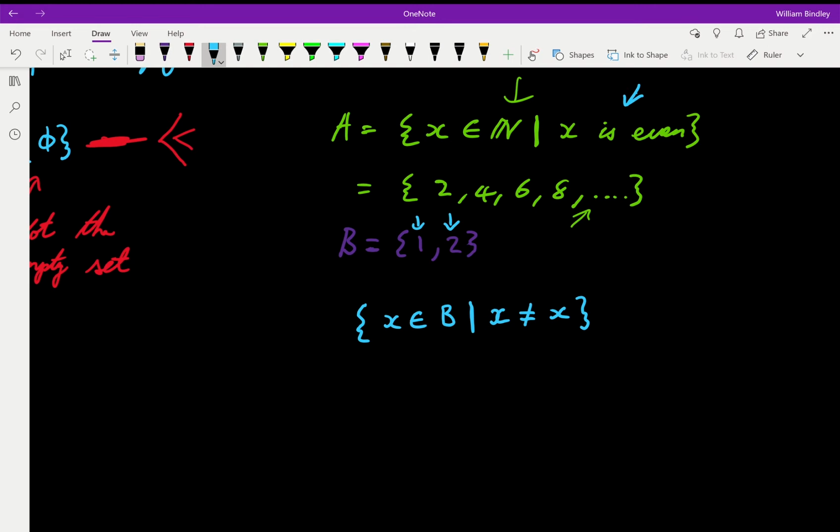And in fact, no matter what x equaled, and no matter what prior set that we pulled the x out of to make this new set, x would always be equal to itself because everything is identical to itself. You are identical to yourself. So nothing satisfies the property x not equal to x, so therefore nothing makes it into this club, and we have succeeded in defining the empty set.